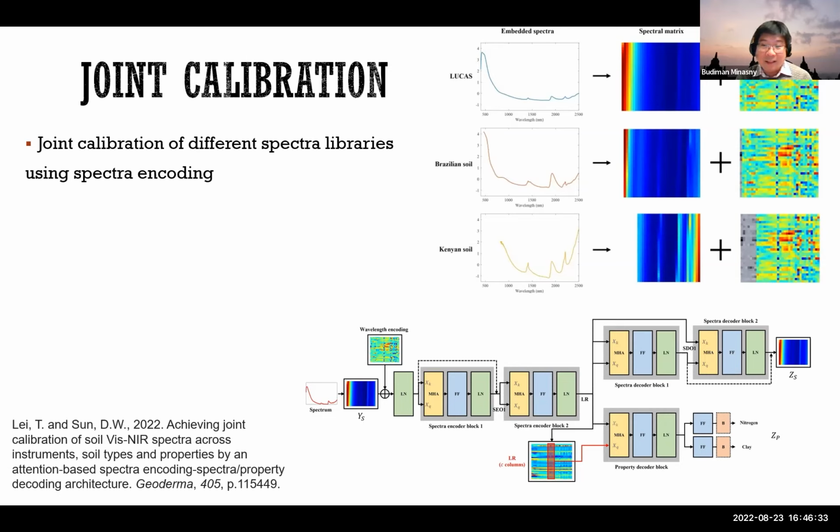Particularly, I think this is useful in addressing some of the problem, because different labs and different libraries have different instruments, and each instrument has its own characteristics that make the spectra incompatible.